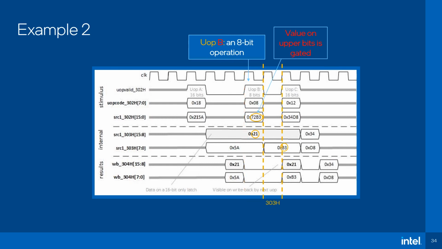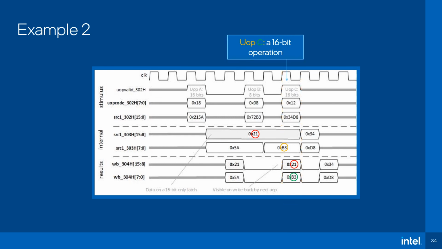So the data that was already there is not overwritten or cleared. This same data is what propagates to the output of the second operation and exposes the previous operation's results. The next time this data will be cleared is only when the next 16-bit operation is dispatched and clears it.